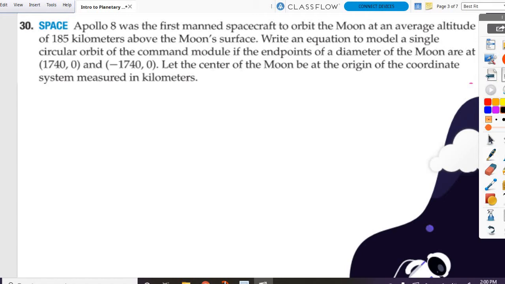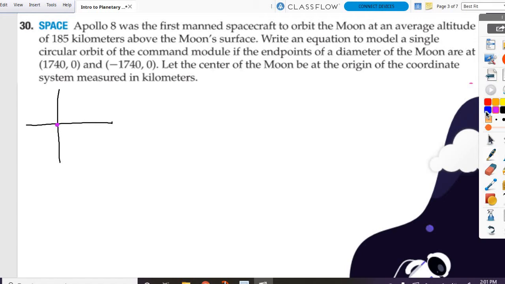So we need to first give ourselves a little bit of a diagram. That's going to be a little bit helpful. And like I talked about in one of our examples previously, remember that when we're picking where our points are, to make our lives a whole lot easier, it helps to choose the centers of our objects, or the centers of our hyperbolas or different conic sections, to be at 0, 0, because it just makes the whole equation much easier to find.